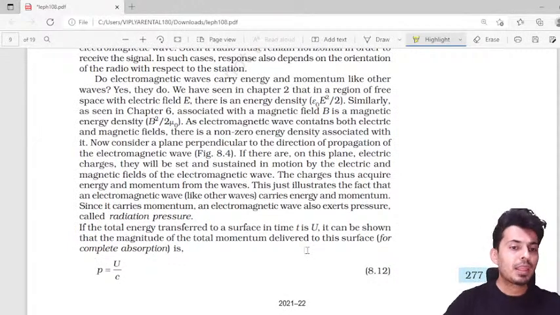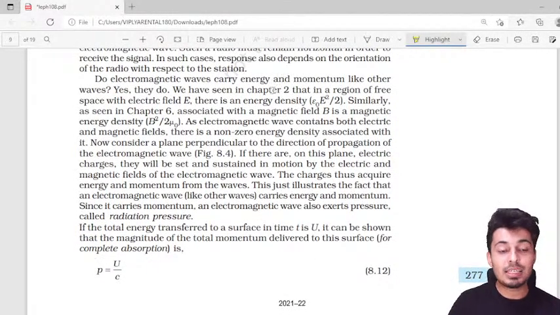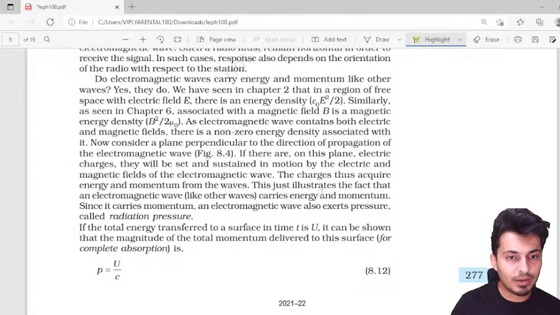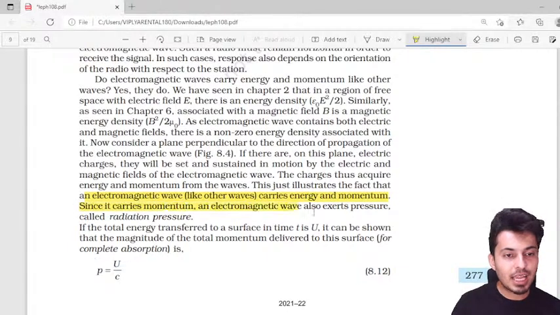Now, this passage also talks about radiation pressure. Do light waves carry energy? Do they have momentum? Yes, they have momentum, and that momentum and that energy is basically defined right over here. So an electromagnetic wave carries energy and it also has momentum.